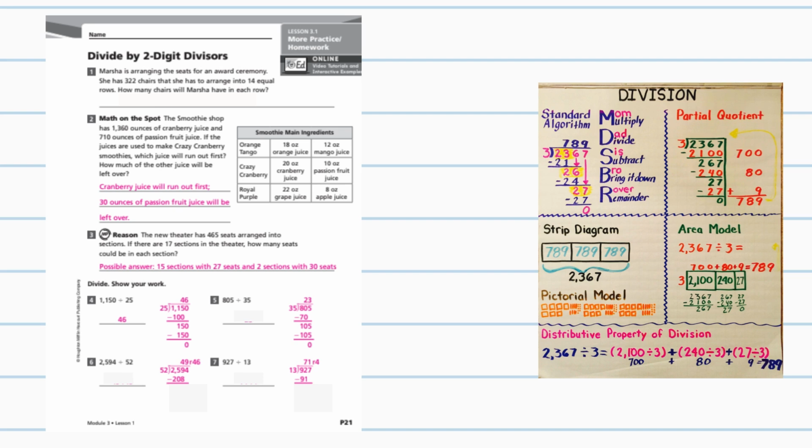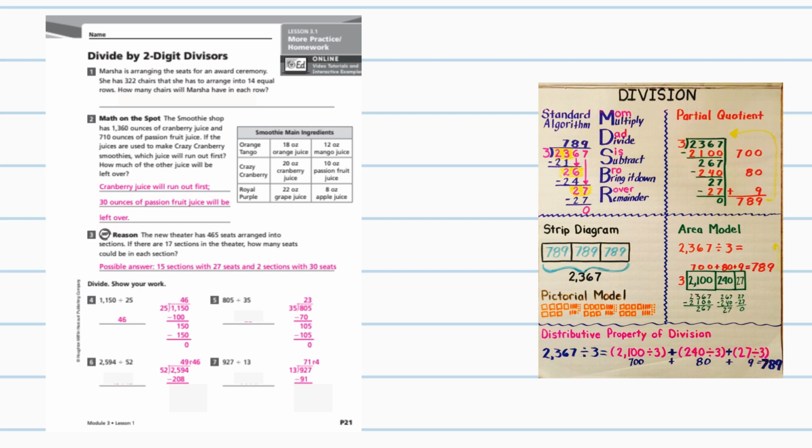So if you look at your chart, it's telling us that 1,360 ounces of cranberry juice and 710 ounces of passion fruit juice. So cranberry juice will run out first. 30 ounces of passion fruit juice will be left over.